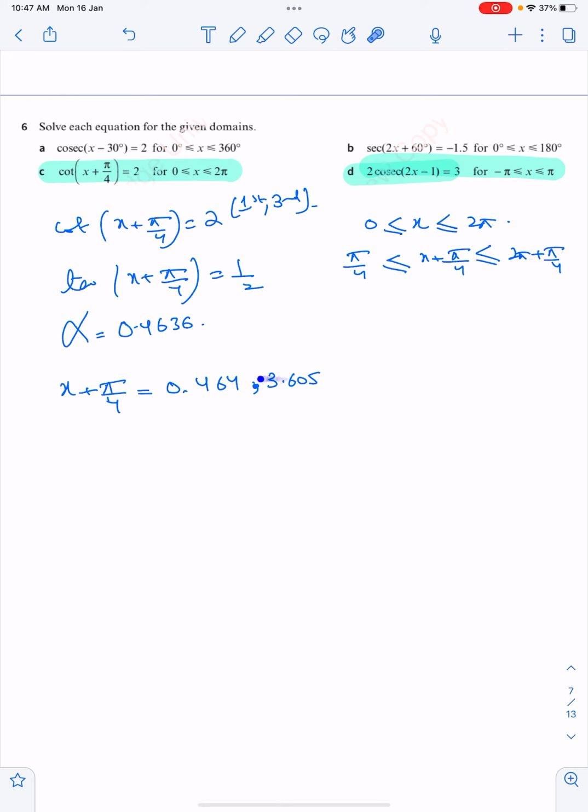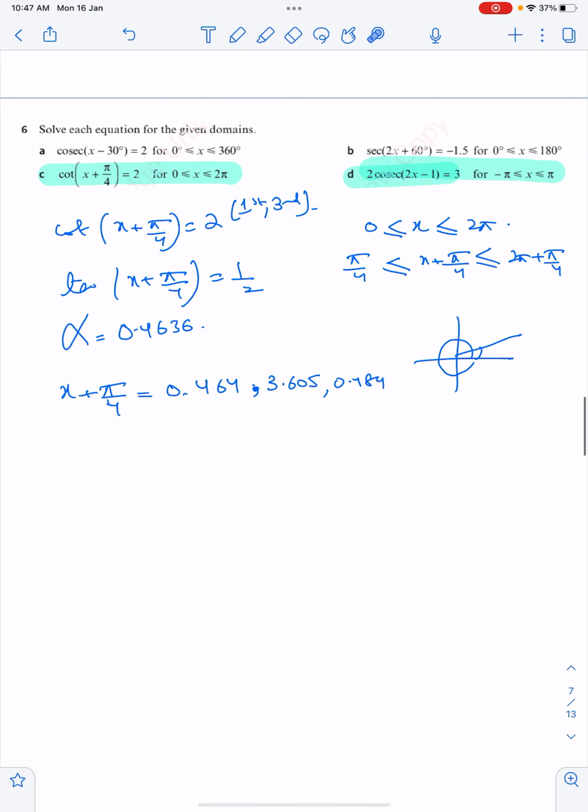Because the range goes up to 2 pi plus pi by 4, for the first and the third quadrant we have already found the answers. If you take 2 pi, it completes till the fourth quadrant, and now it's pi by 4 further on that. So if I add 2 pi to this answer for the second rotation, 0.464 plus 2 pi, I'm getting 6.747. Let's see whether it's in the range.